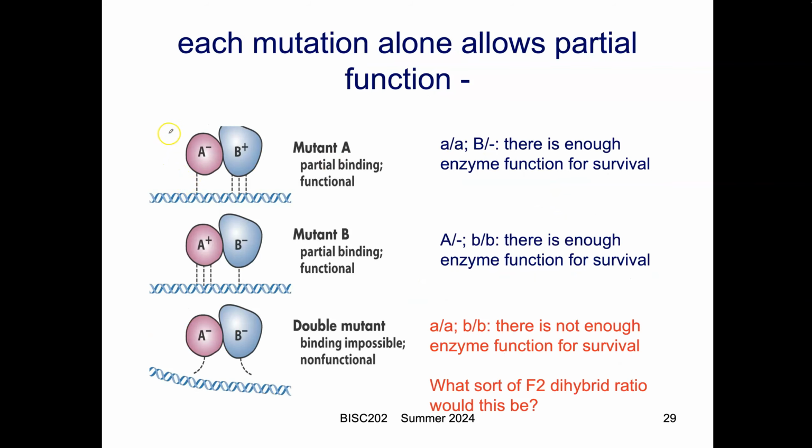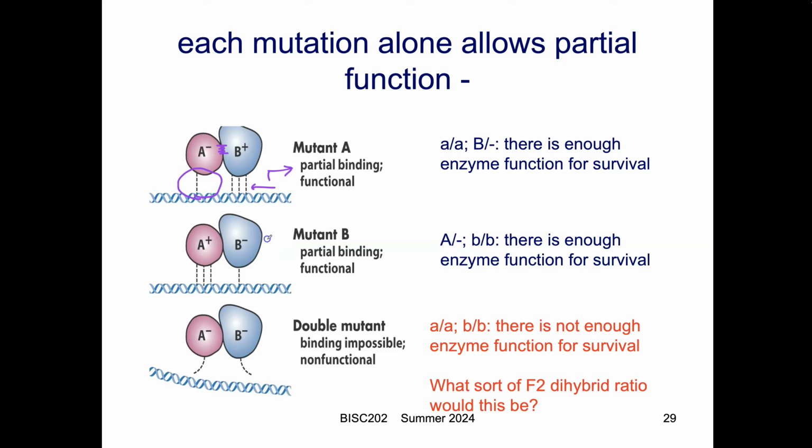Okay, now here's a mutant in gene A. It can still bind to B, but it doesn't bind very well to the DNA. But because it can still bind to B, and B is all right, it's kind of anchored in the right place, and this allows for transcription. So there's enough enzyme function for the organism to survive.